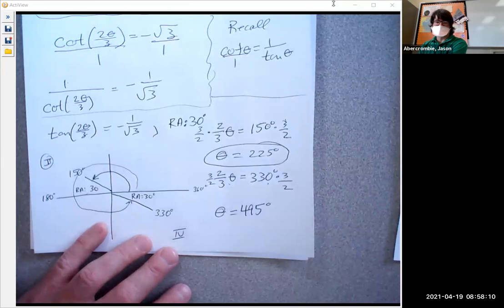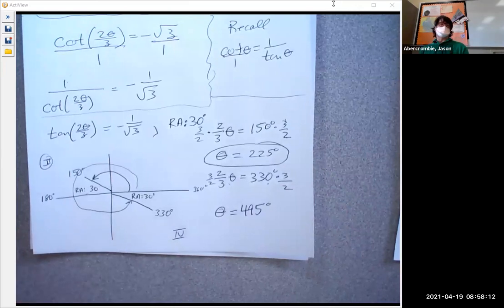And anybody know why I'm not quite comfortable with 495? Can anybody guess? Yeah. You bet. It's more than 360. I don't like that, especially if they said, find me an angle between 0 and 360. So what you can do at 495 is subtract 360 off of it and get 135.